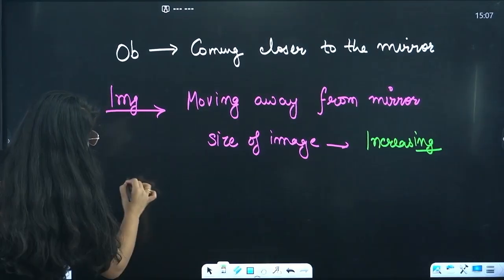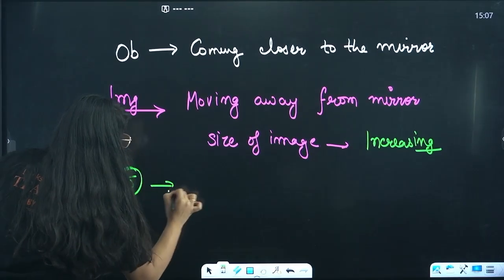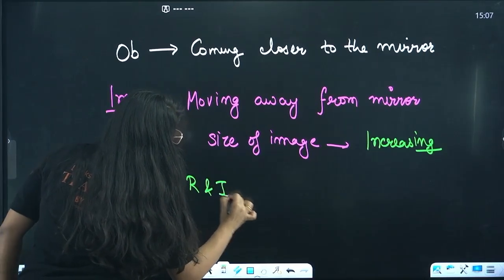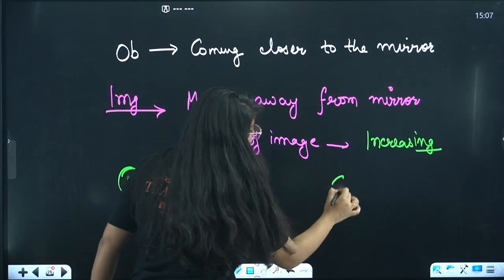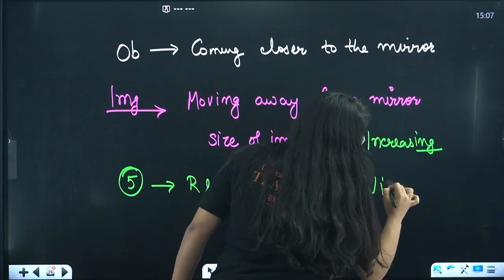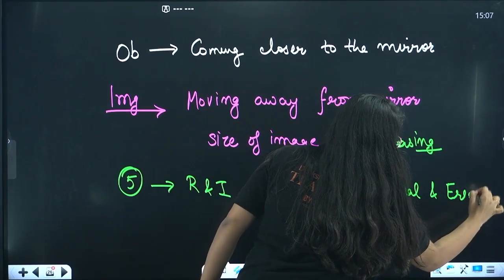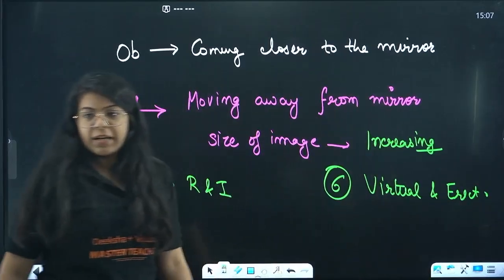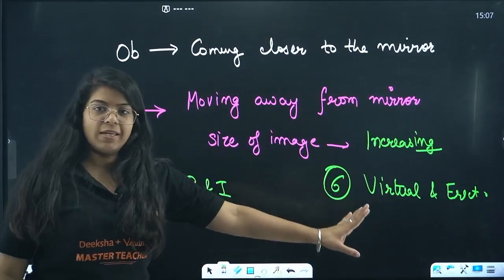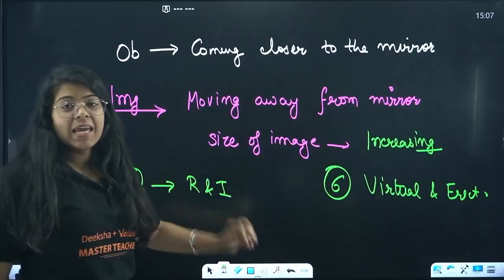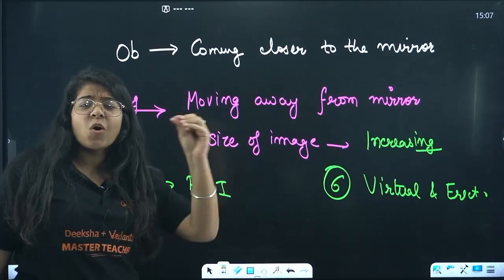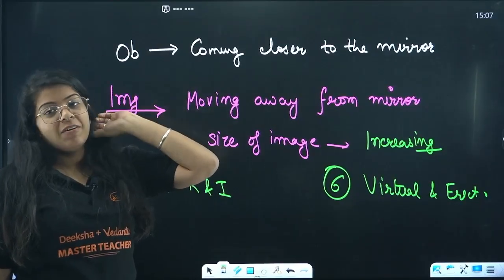Now in the first 5 cases we know that images are real and inverted, but in the 6th case we know that the image is virtual and erect. That is your one stupid case. So this whole is the image formation and the small things about your concave mirror.